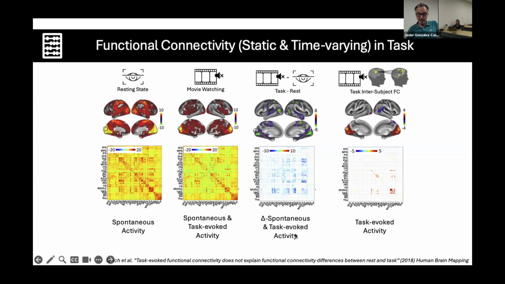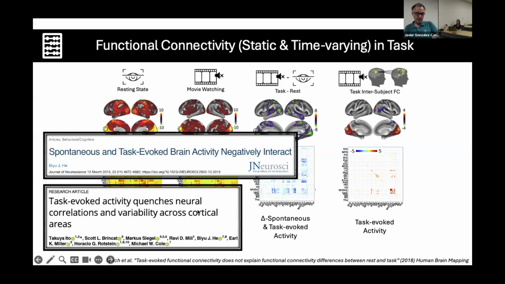And what we're getting here is something that has to do with both the task-evoked activity, but also the differential in spontaneous activity between when people were watching the movie and when they were not. And the negativity that we see here seems to be associated, and those are very interesting papers, with the fact that when we engage with tasks, there is a quenching of the spontaneous component of activity. And that's why we see this decrease here. That makes sense?